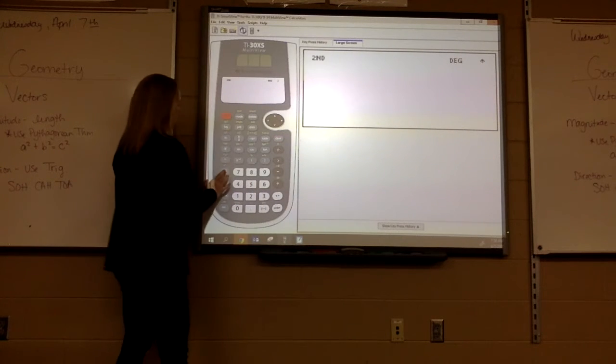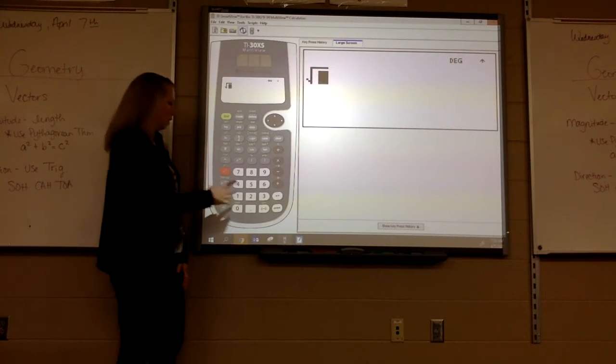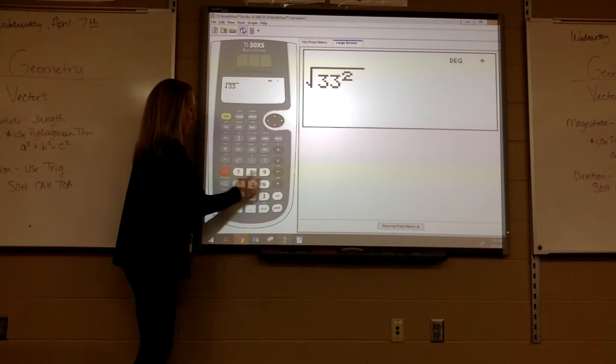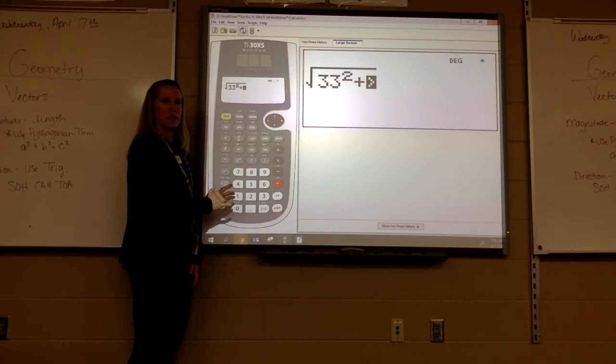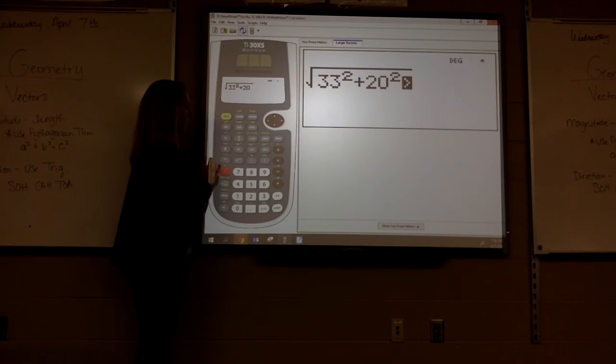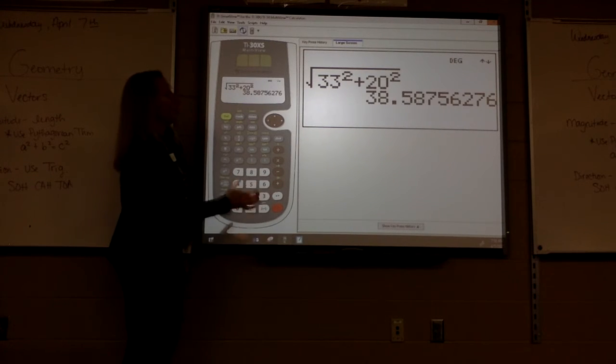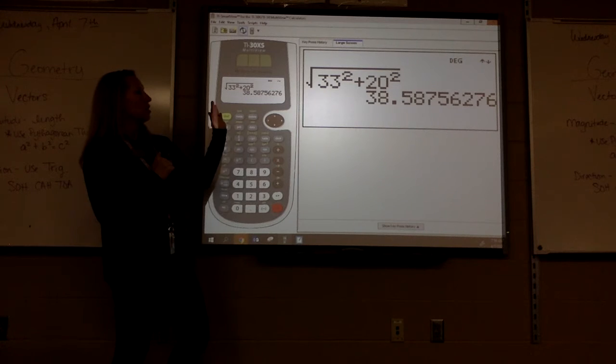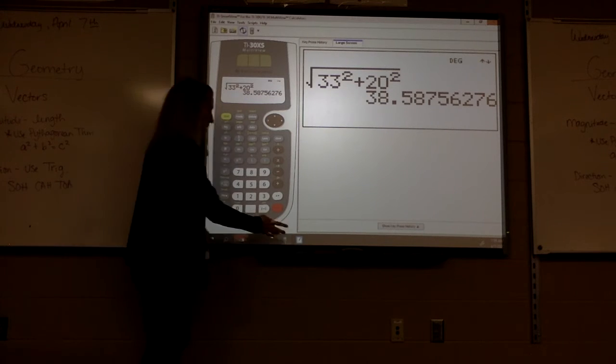You guys remember how to do this? You'll have to do this on your test. 33 squared plus, what was the other number? 20, thank you, squared. So the length, my magnitude would be 38.6.